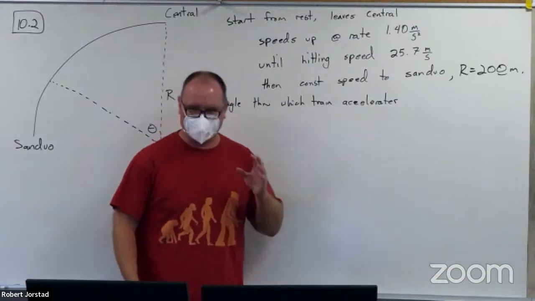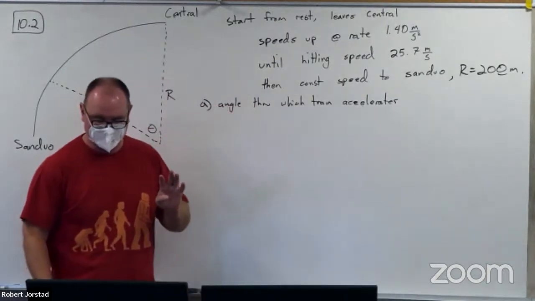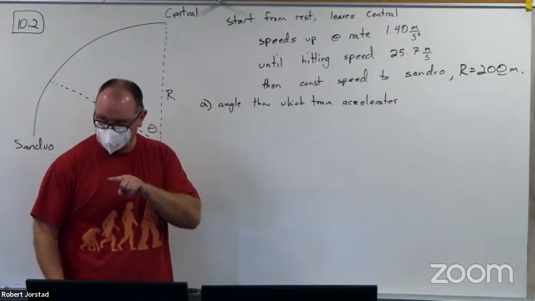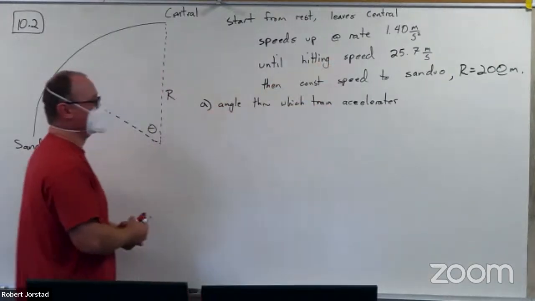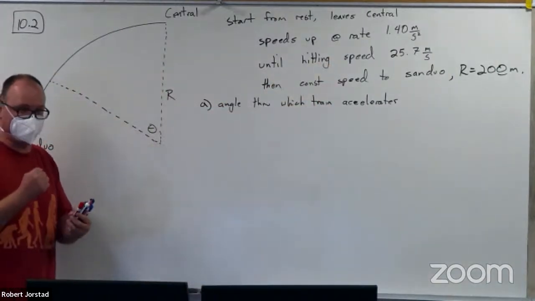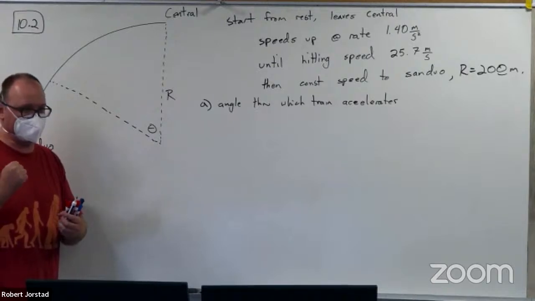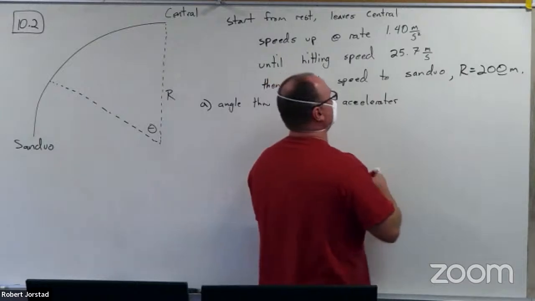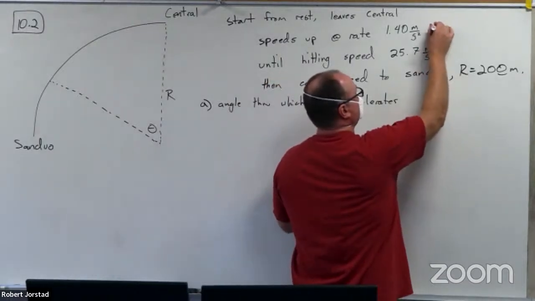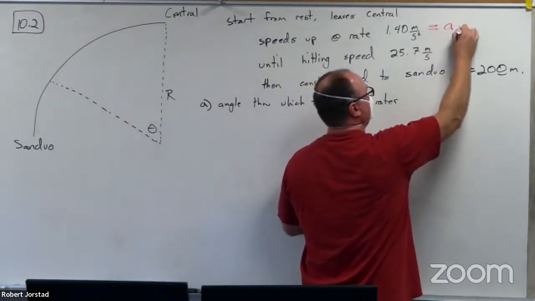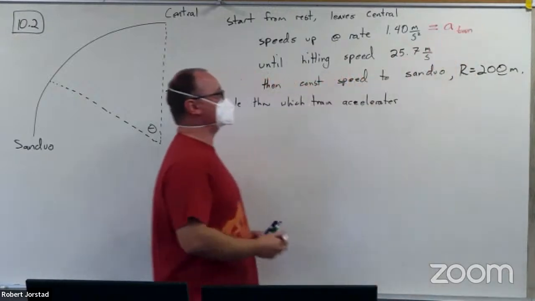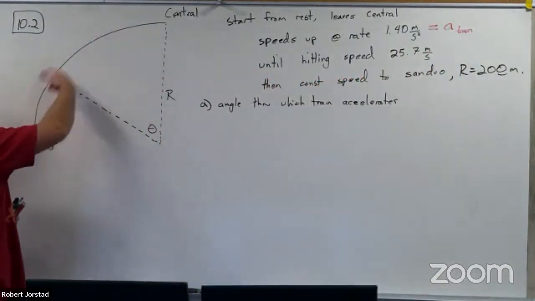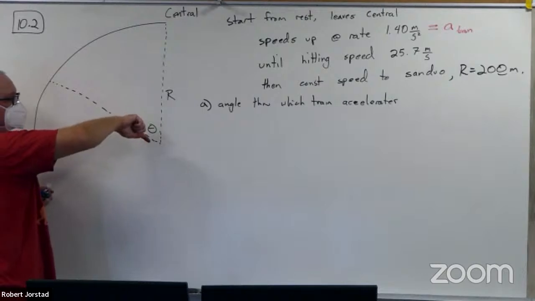Tangential, because that's the speed. Remember, a tangential was the change in the rate of speed. This is a tan. Nice job. That's the tangential acceleration, the rate at which it's speeding up tangent to the circle. It's not going towards the center at that rate.